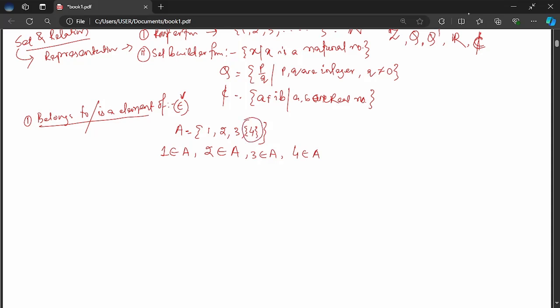This is not a single 4, so this will be wrong. And this is the right way to write it. This is all about belongs to, or is an element of, or not belongs to. So we can write {4} belongs to A, and 4 not belongs to A.